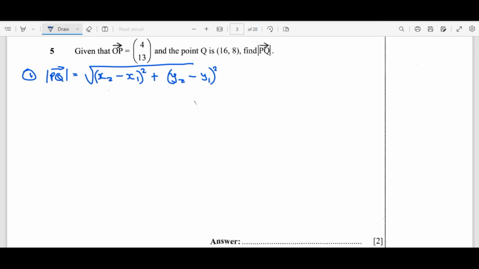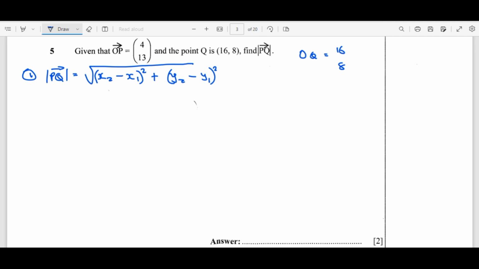Number one, OQ. OQ is 16, 8. So that is what we have. The other thing we have to know is how to identify the points we've been given, so as to identify what x2 is and what x1 is.